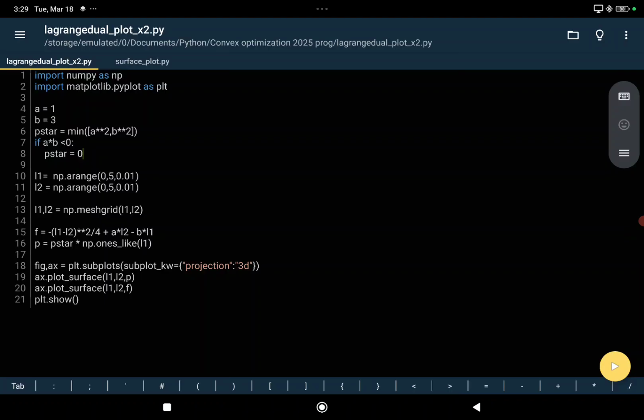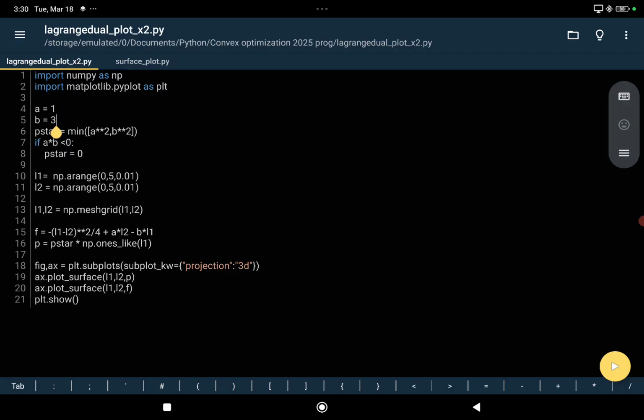So in some sense, I've complicated the original problem, all right? But I can plot this g of lambda 1, lambda 2 and compare the value to the minimum p star. I know that p star is equal to 0 if the signs of a and b are different, and it's equal to the minimum of a square and b square if both a and b are positive or both a and b are negative. Correct? So let's take a look at some numerical examples.